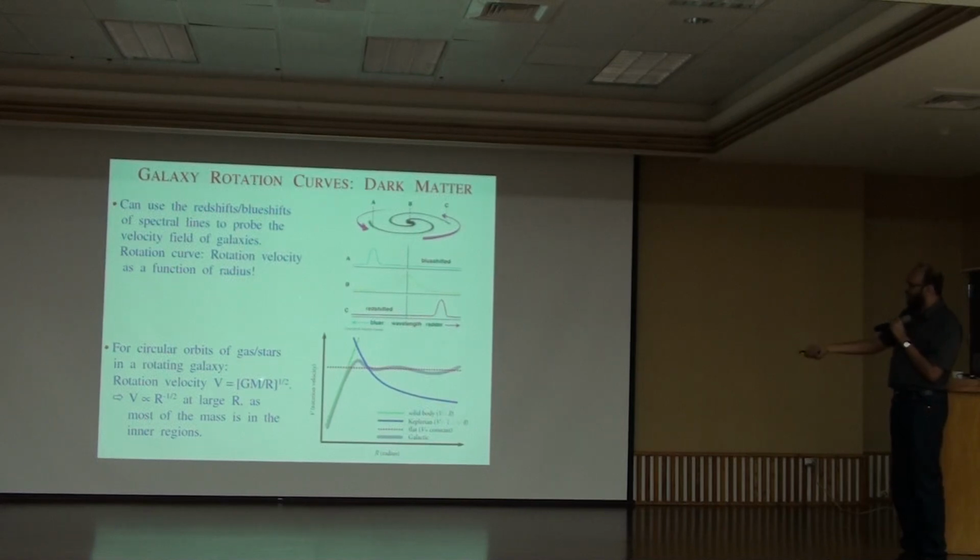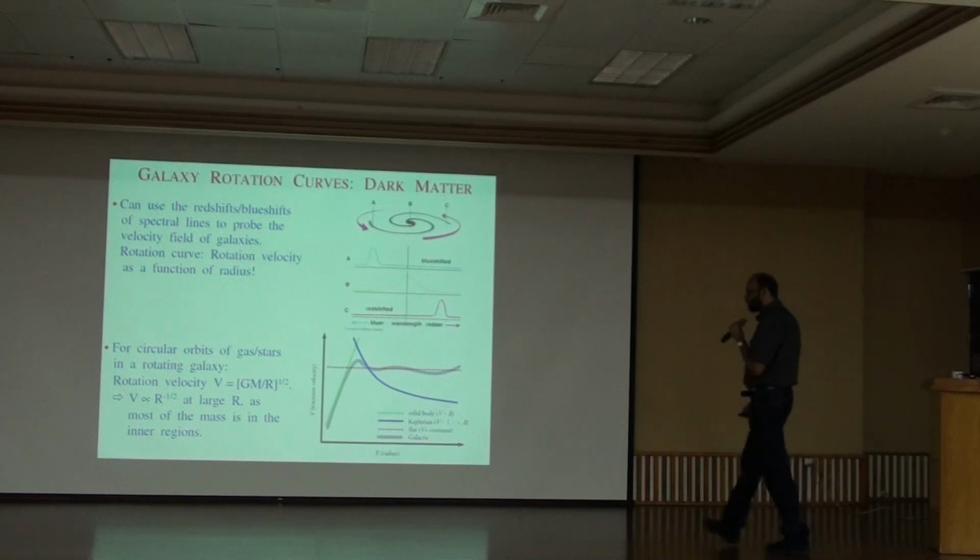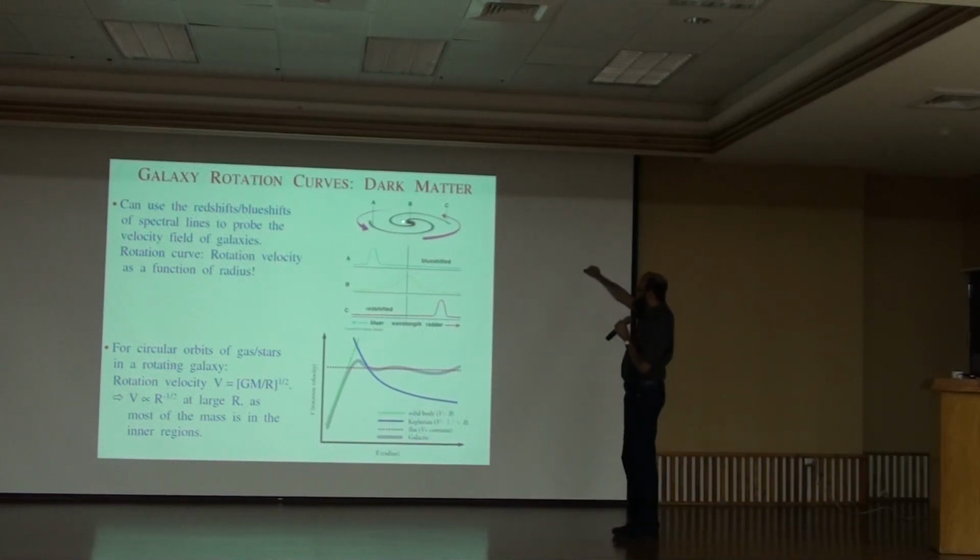So therefore, before I do the measurement, I expect that if the mass is falling with distance and most of the mass is inside, then at large distances, at large r, where all the mass is inside, M is constant and G is constant, so the velocity will be equal to (GM/r) raised to half.